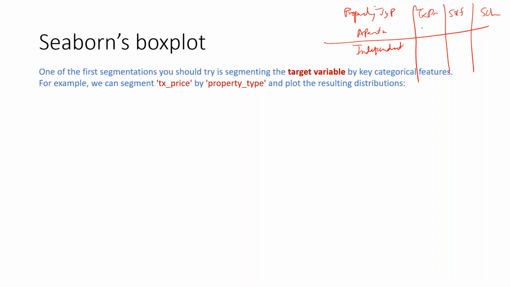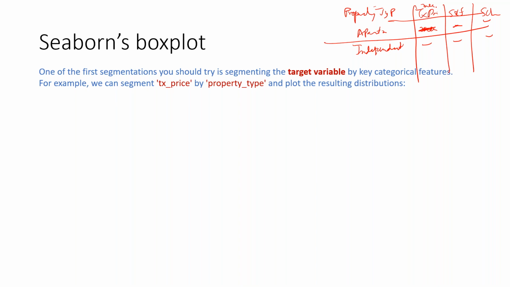I want to see the mean values, averages, throughout for apartment as well as independent house. Or I want to see mean and standard deviation. Or I want to see mean, min, max and standard deviation. All those things you can see using our pandas functionality.